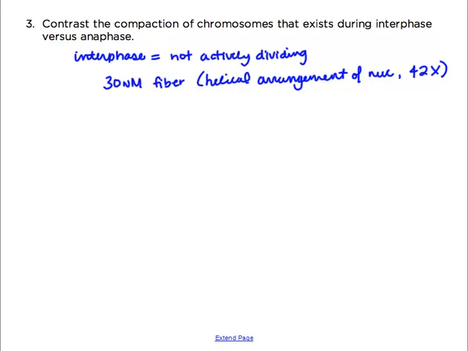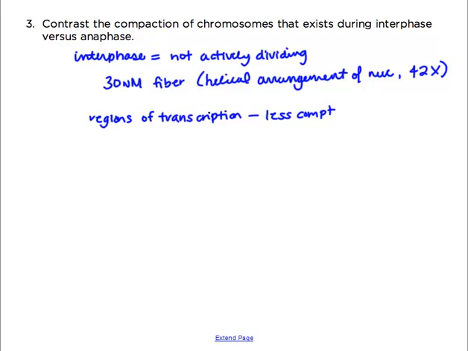So while this is how chromosomes are normally present, you want to know that regions of transcription may be less compact. And remember, transcription is the formation of messenger RNAs from DNA to make proteins. So regions of transcription may be less compact.